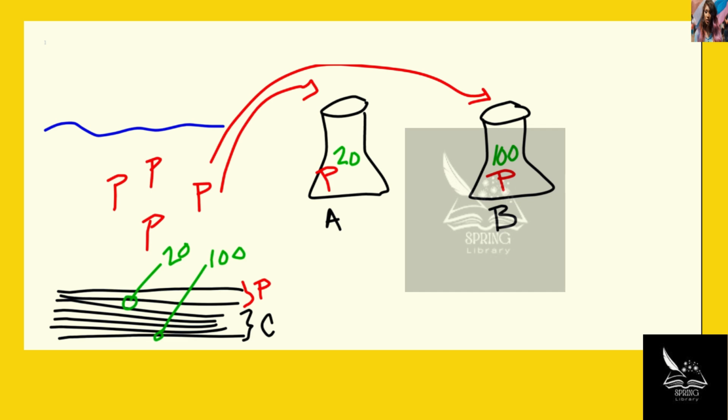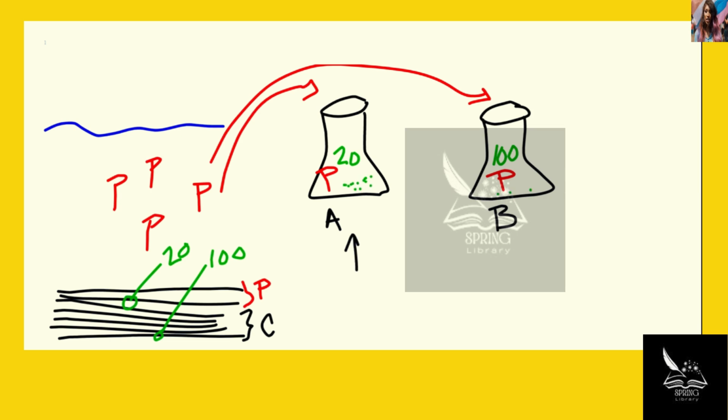Okay, so that's the setup, and now the question is, as these grow over time, we would expect at first, since the 20-year-old in flask A is accustomed to being around the pollutant, that it would initially grow much faster.